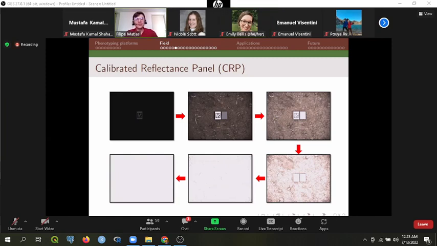Another application is also, for example, when you have different flying days or different locations. So the reflectance calibration panel is a very important point.